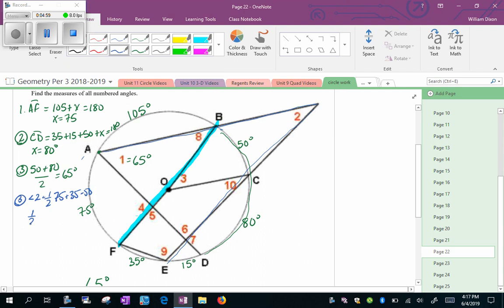So it's 1/2 of 110 minus 50, and that happens to equal 60 degrees, so it's going to be 30 degrees. So angle 2 is 30 degrees.